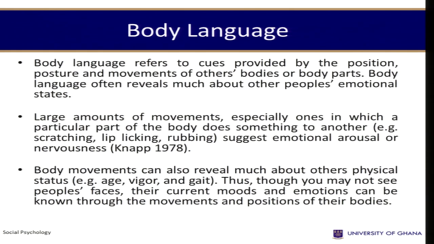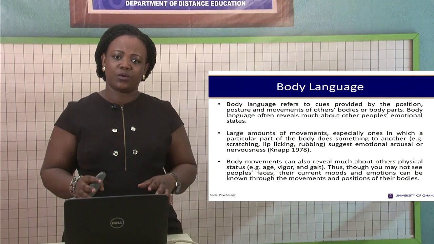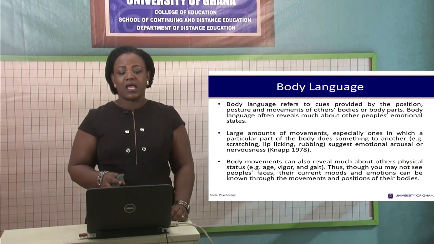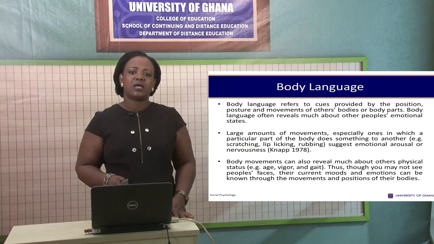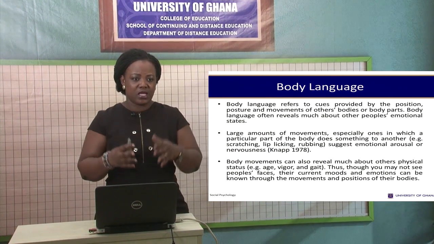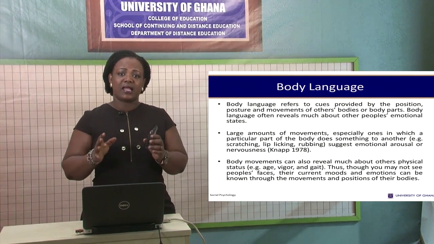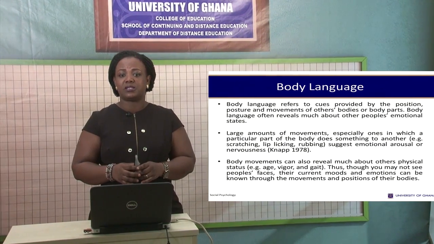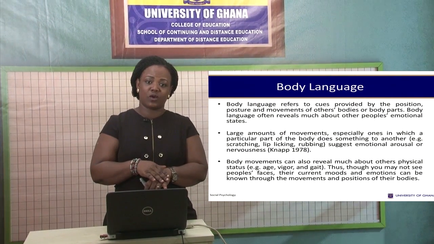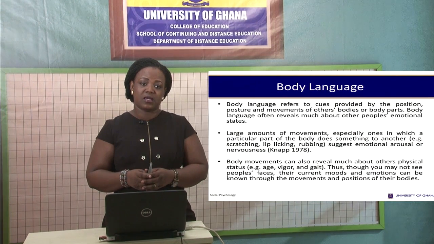And body language, you can communicate through your body, what we call body language. And this is provided by the position of your body, the posture of your body, and the movement of your body or body parts. All these communicate messages to people around you. For instance, large amounts of body movements, especially ones in which one part of the body does something to another, may be an indication of nervousness, right?